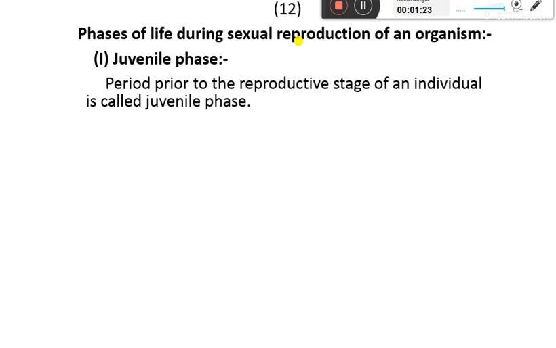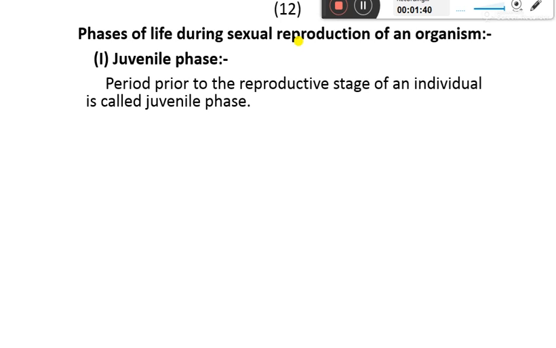So the period prior to the reproductive stage of an individual is called the juvenile phase, and this is the growth phase of the organism.